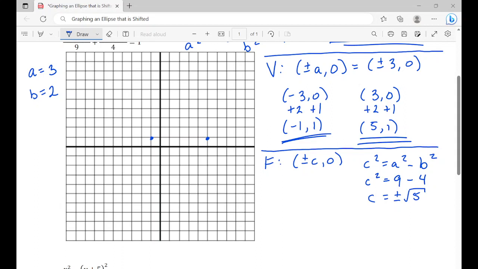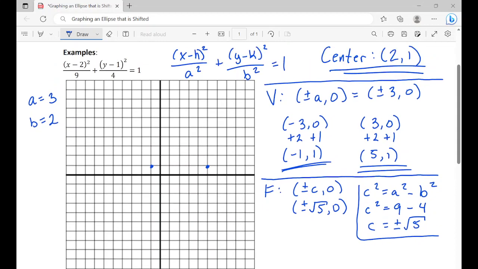So normally we would be having foci at plus or minus square root of 5, 0. But again, because we have shifted by the center of 2 and 1, we're going to add 2 to the root 5 and add 1 to the 0. Because it's a root 5, we don't need to have 2 separate points.